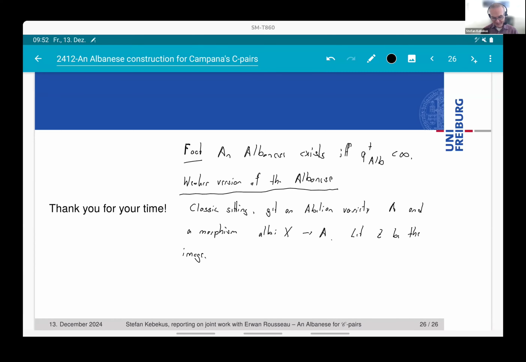Right. So this is the classic, and the weak version is we get Z, but this Z comes with no preferred embedding into an abelian variety.